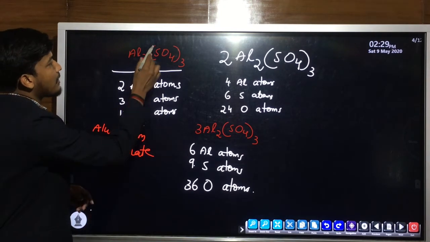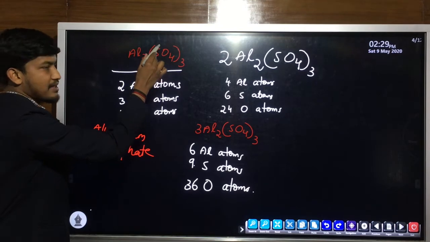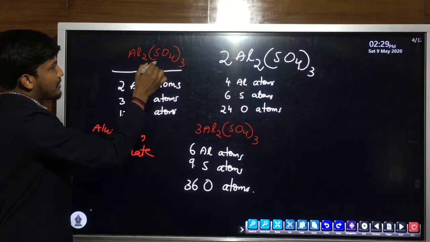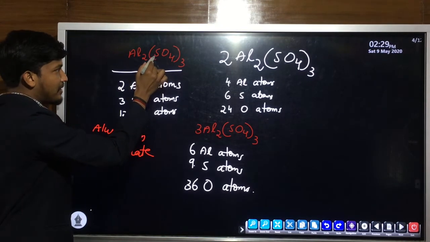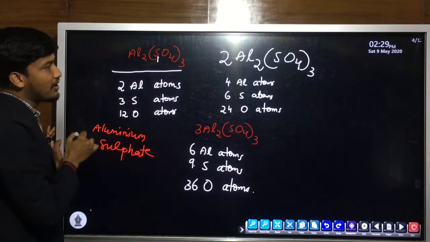Now the bracket starts. Inside the bracket the first atom is sulfur S, and the number of sulfur atoms in the bracket has no number, that means it is 1 only, S1.